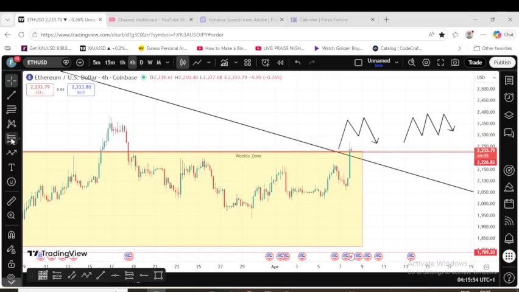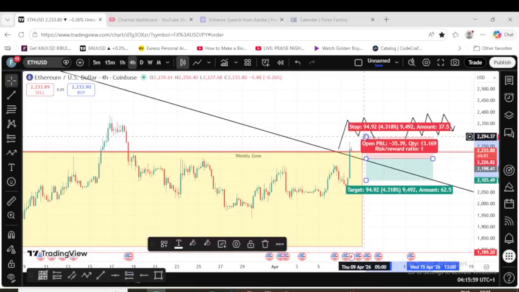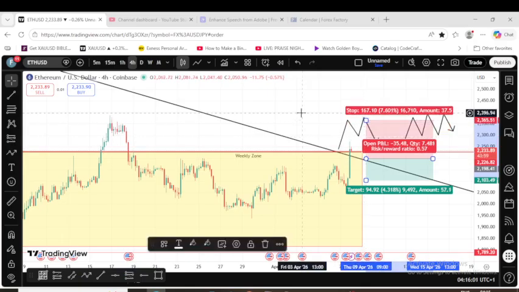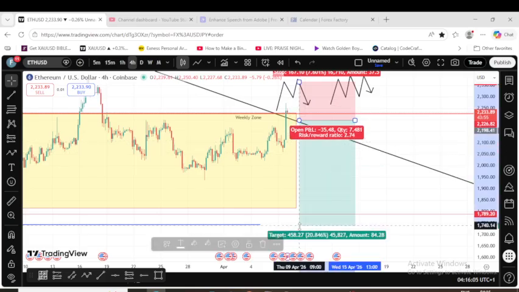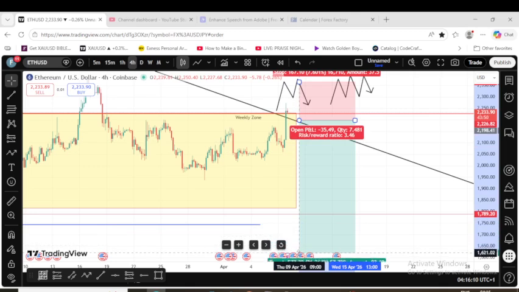And once we see either of those, we'll be able to jump in on a sell trade here. And our TP there is move down. It should actually even be further. So yes.